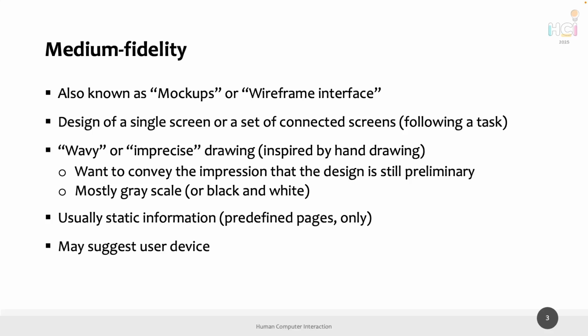As I said before, everything is static: the interaction is static, the information that I can see in the page is static, and the path that I can follow through the different screens is always the same. But you can also start suggesting the layout and also the user device. So you have the right sizes also of the interface.